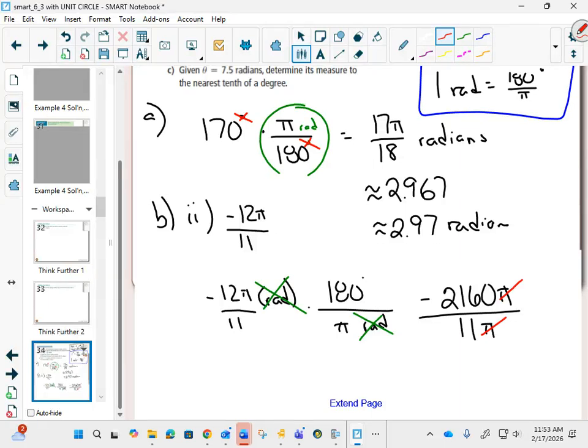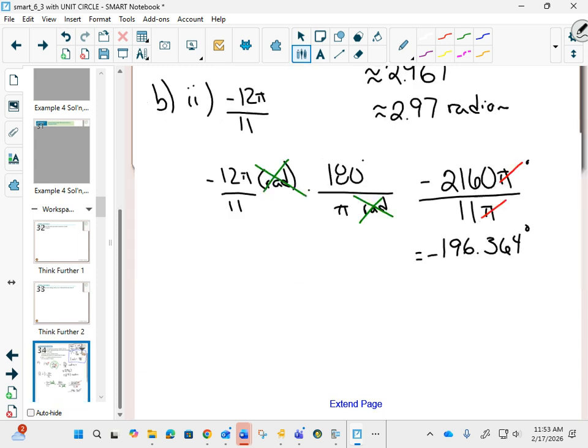And if you're dividing, they would go away. And if I type this into my calculator, I get negative 196.364 degrees.